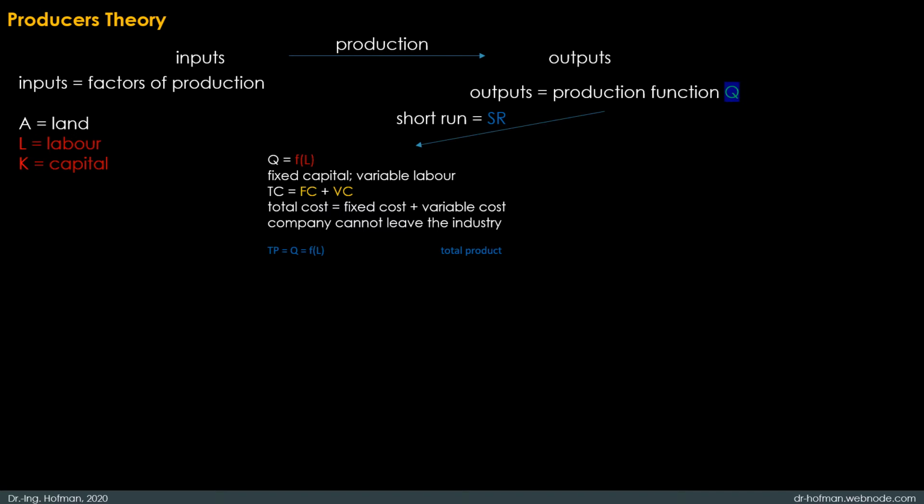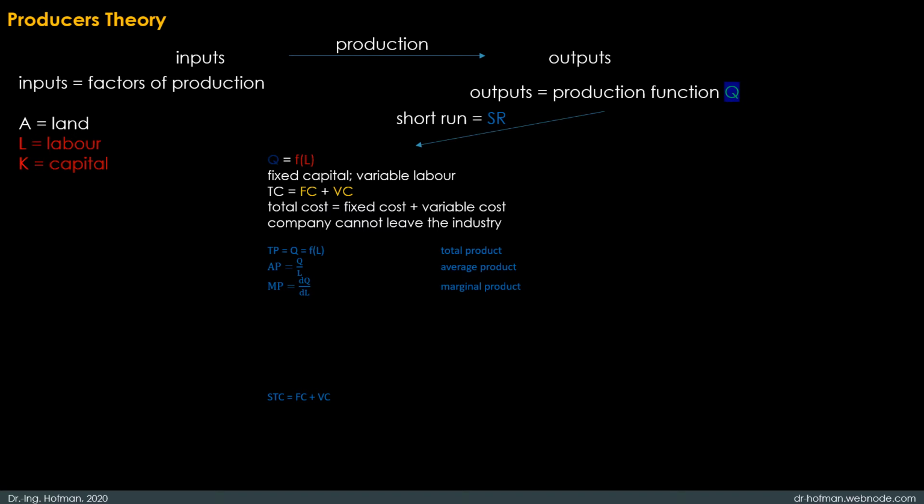Total product is the same as Q, the production function. Average product, AP, is Q over L. Marginal product, MP, is the derivative of total product with respect to L. Then we distinguish cost functions.